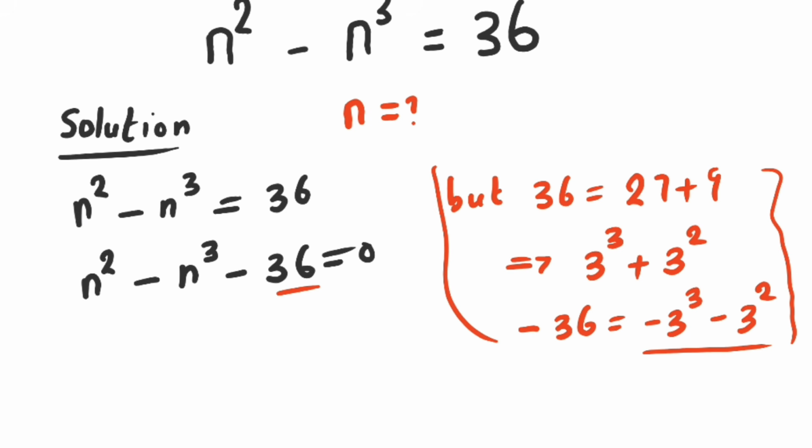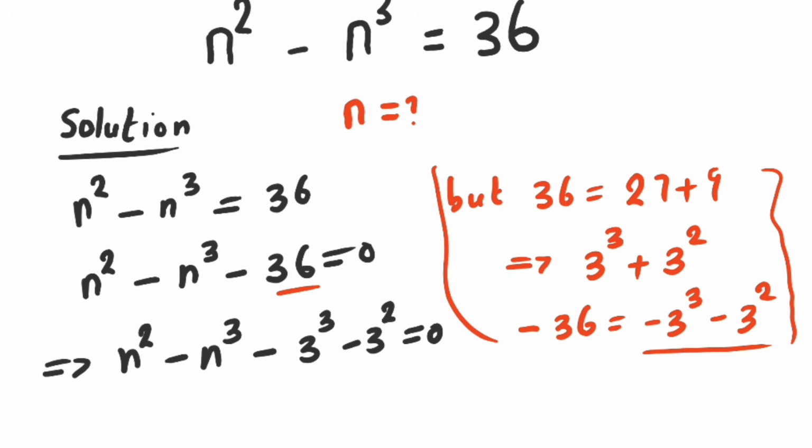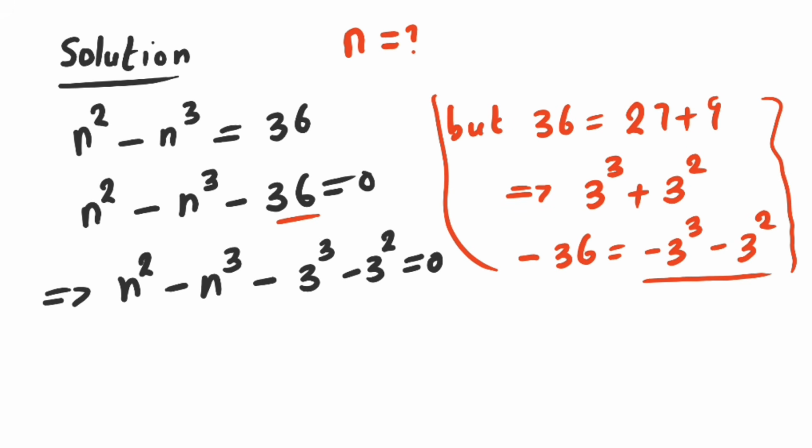Then we have n squared minus n raised to power 3 minus 3 raised to power 3 minus 3 squared is equal to 0. Let us pair this to this and then this to this.